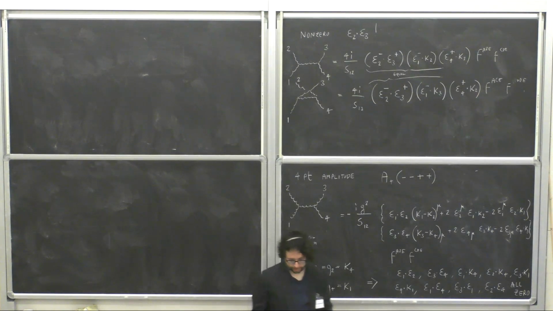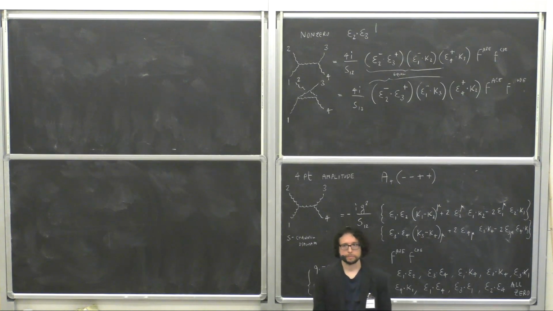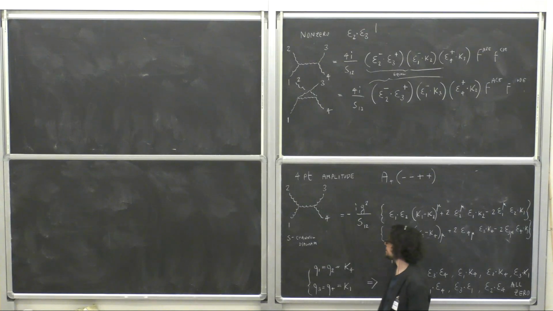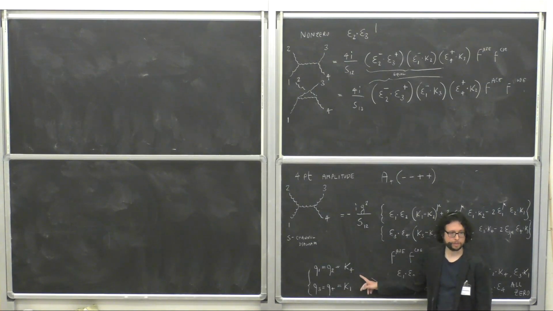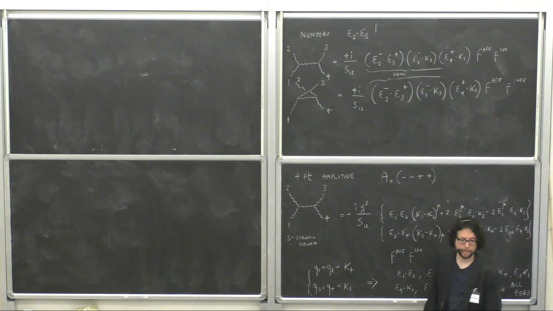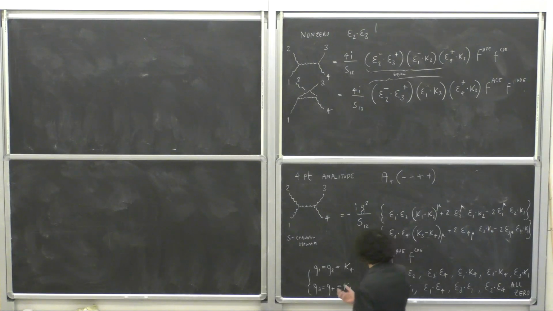Before I move towards this simplification, are there any questions about what I have on the blackboard right now? The key takeaway message here is the clever choice of reference momenta. And this is a consequence of the way the polarizations have been defined.